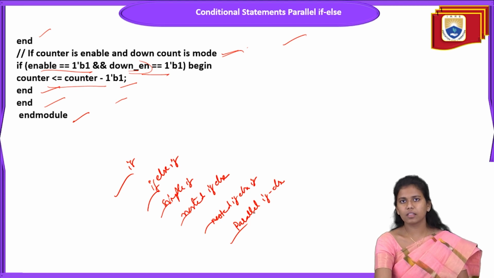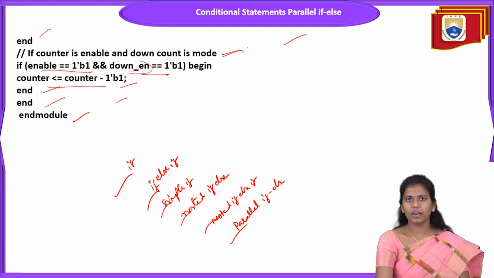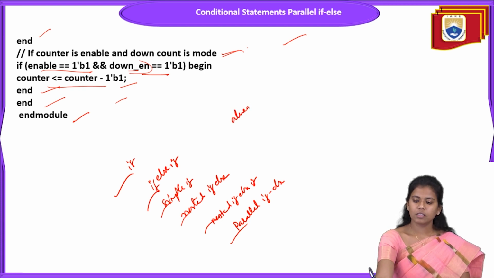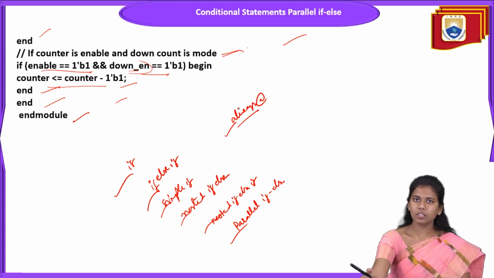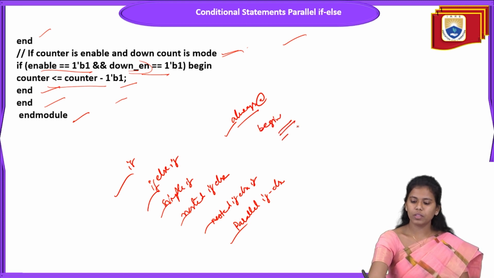In all these things, always remember that when you're writing a particular code, always at the rate is a keyword that needs to be mentioned. The initialization of this keyword is a must, and after initializing this keyword, it is followed with begin, and followed with the statements.